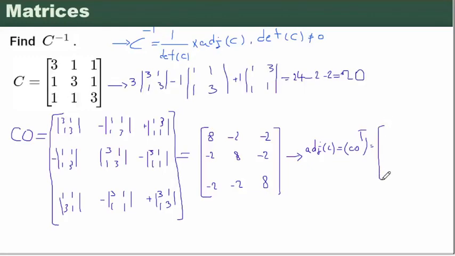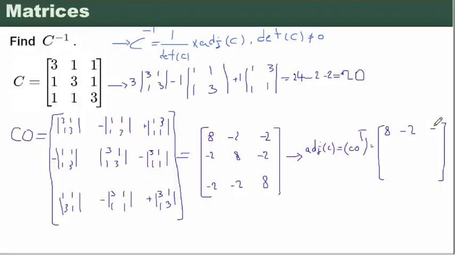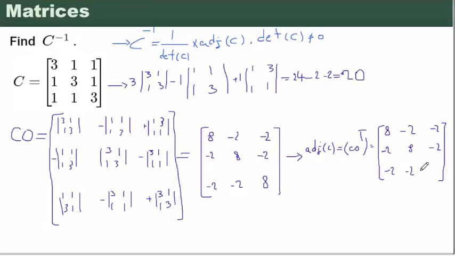So I write it down here: 8, negative 2, negative 2. First column becomes first row. Second column becomes second row, so it would be negative 2, 8, negative 2. Now third column becomes third row, so negative 2, negative 2, 8.